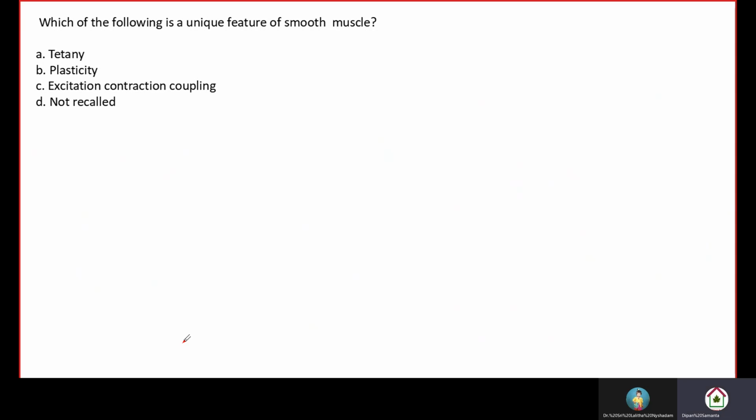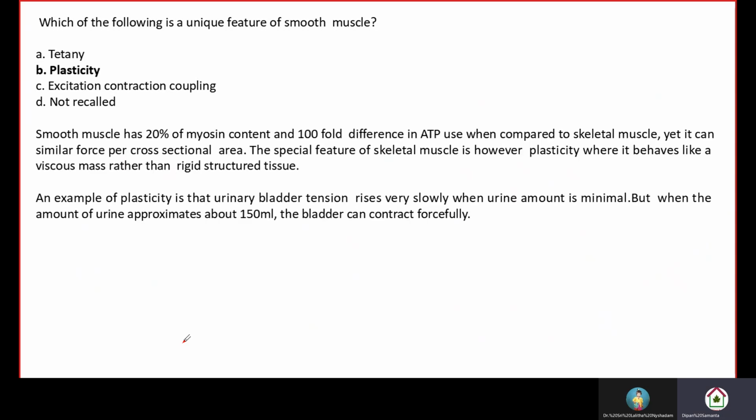So next, which of the following is a unique feature of smooth muscle? Tetany, plasticity, excitation-contraction coupling, and not recall. Okay, the answer will be plasticity.